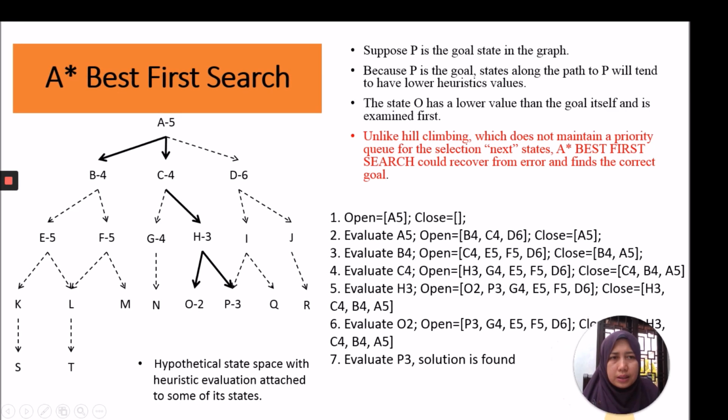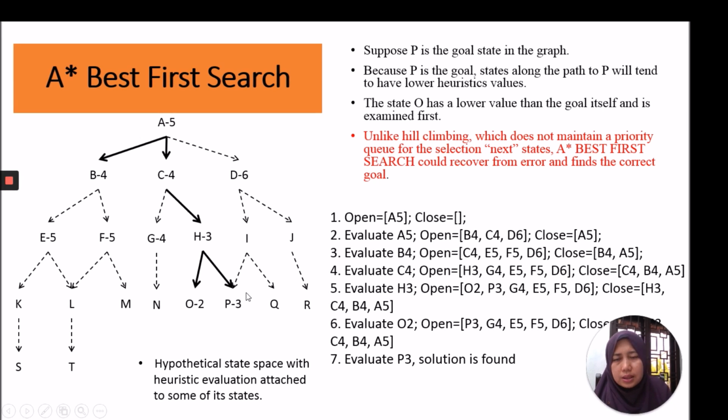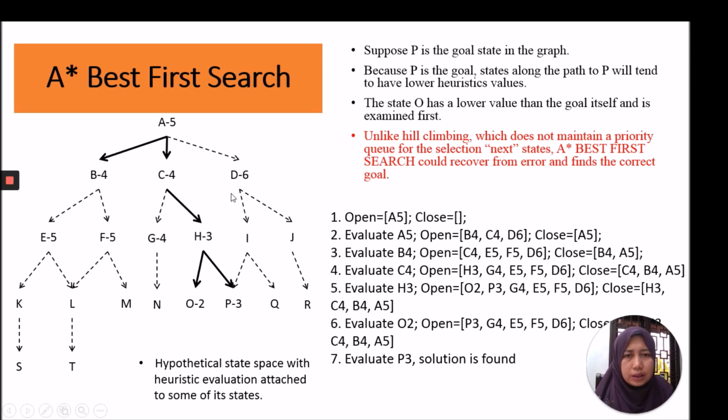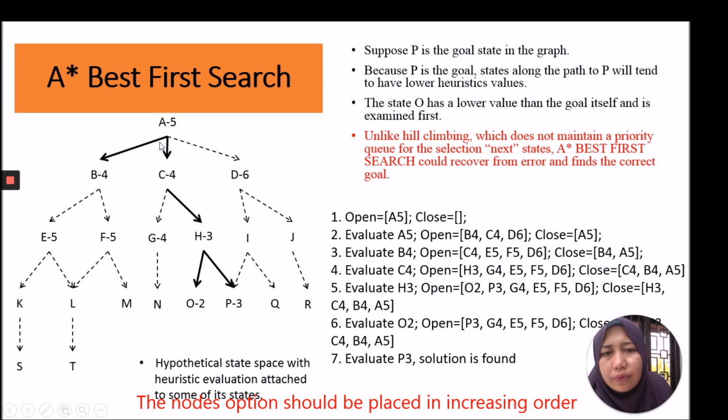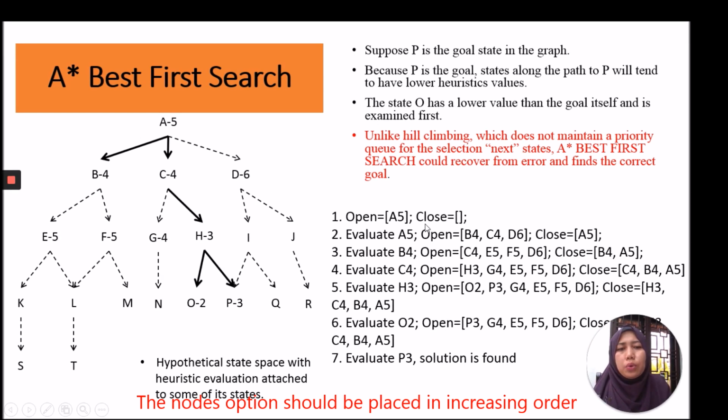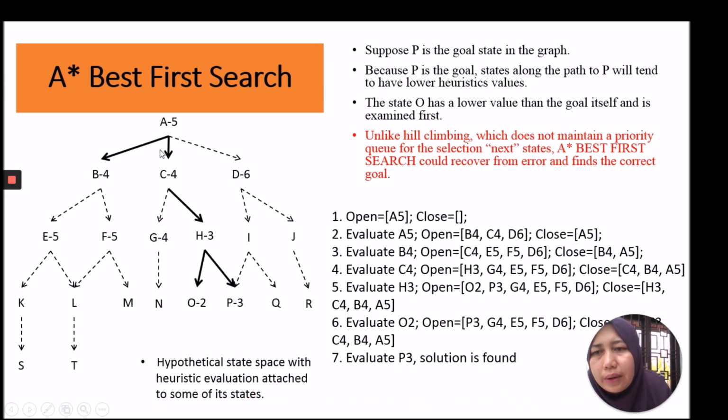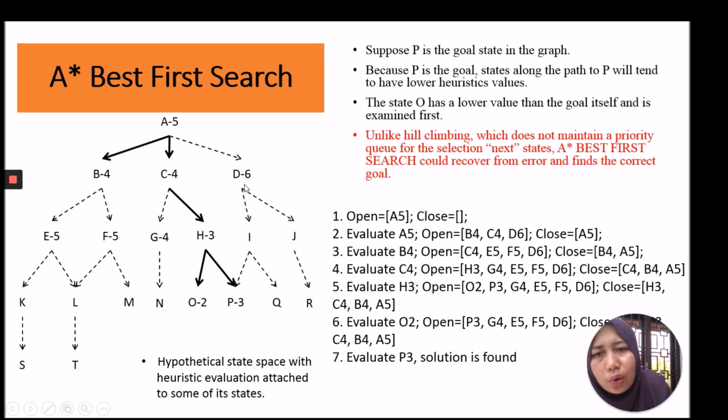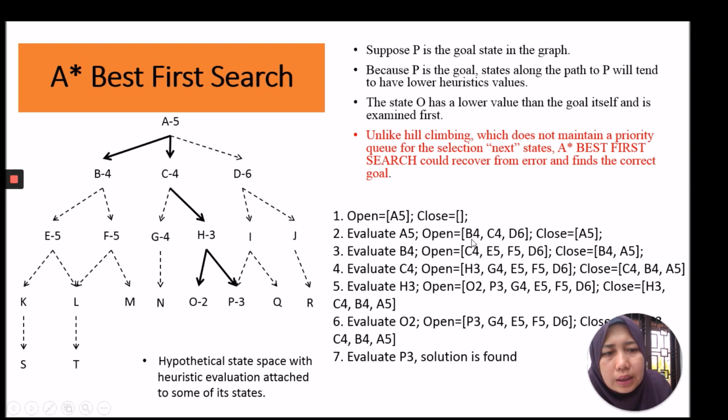Suppose that P is the goal state. This is the same graph as given earlier. So we start from A5. We are utilizing two lists here, the open and closed lists. We want to evaluate A5, so we are considering B4, C4 and D6. The algorithm says that we need to always order in increasing order.